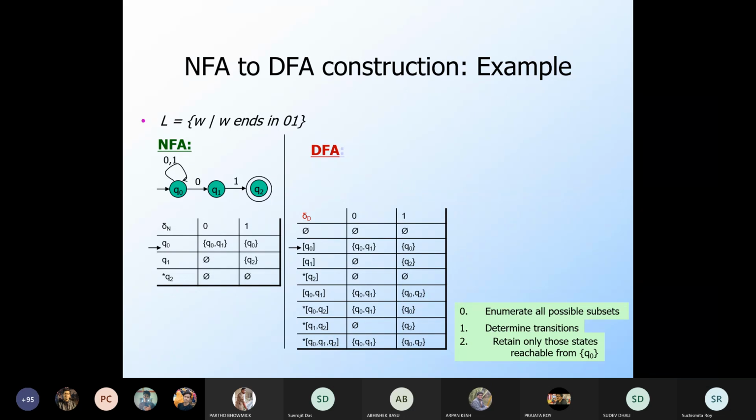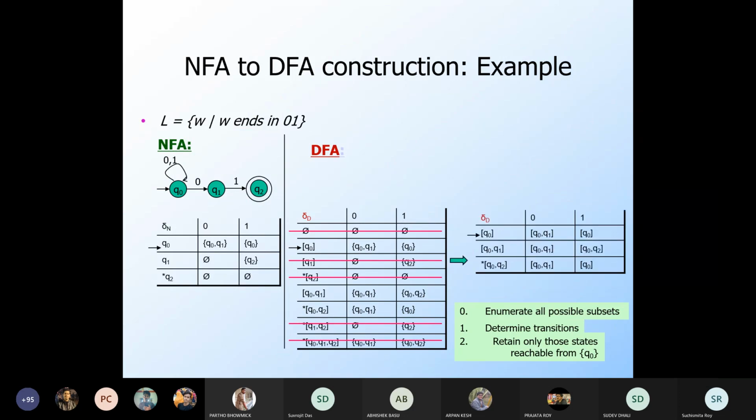If we now start from Q0 and follow all the paths, you find a number of states are never going to be used. So delete those states. We retain only those states which are reachable from the initial state. The transition function table becomes much smaller, and if you draw the diagram, it is like this.